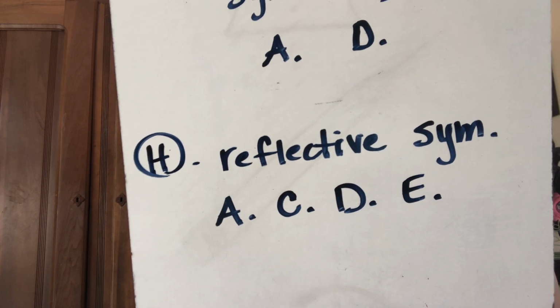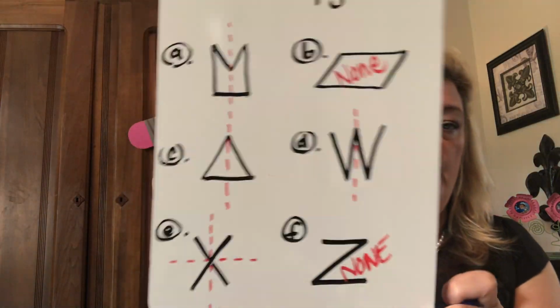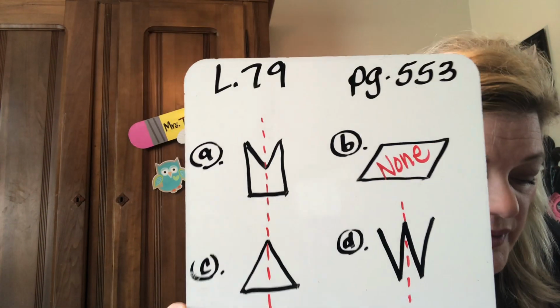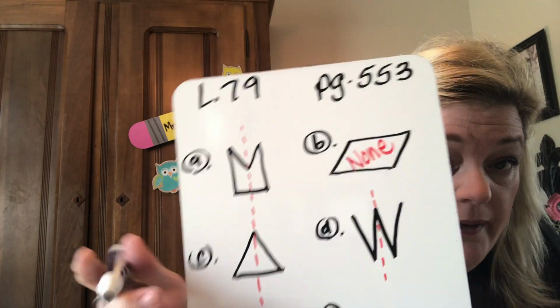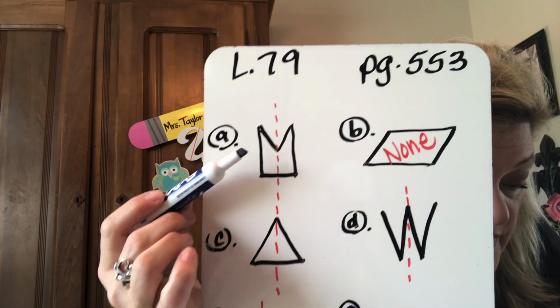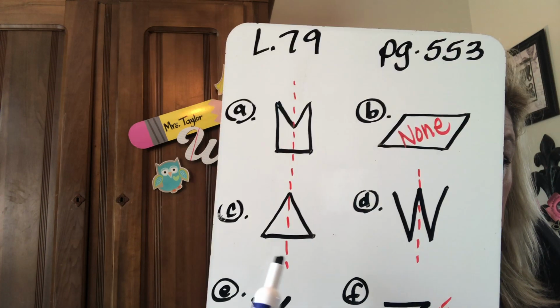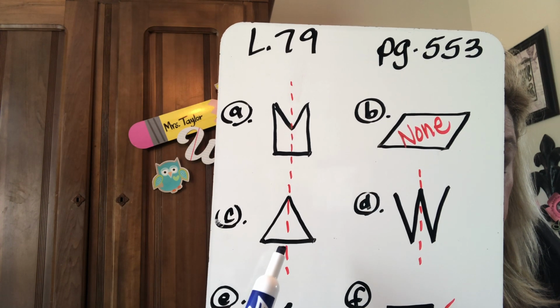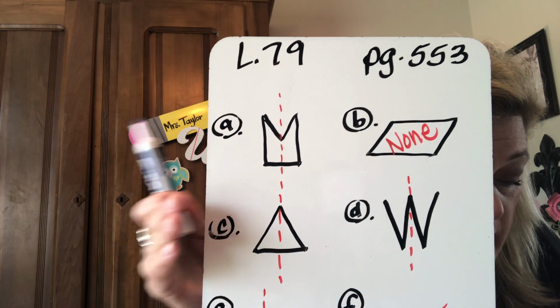And here are your answers. Now let's look at them real quick. I am looking at A, which is the little flag. They reflect one another. Then I'm looking at C, that equilateral triangle.